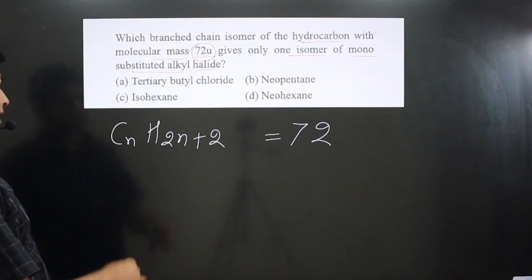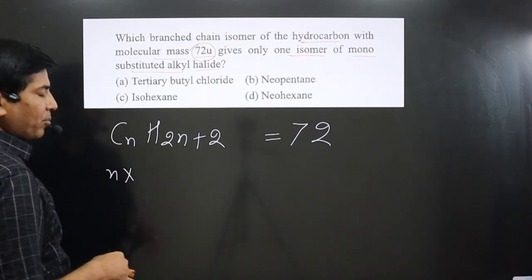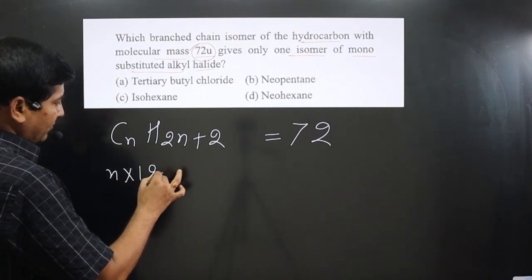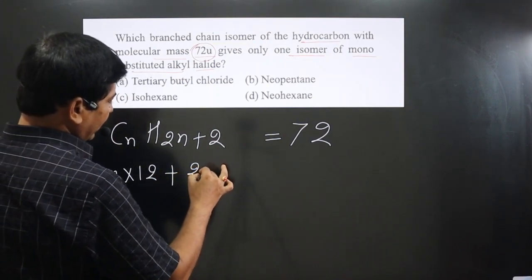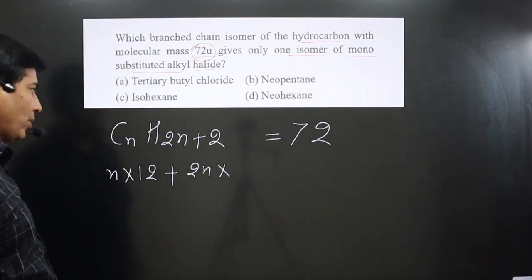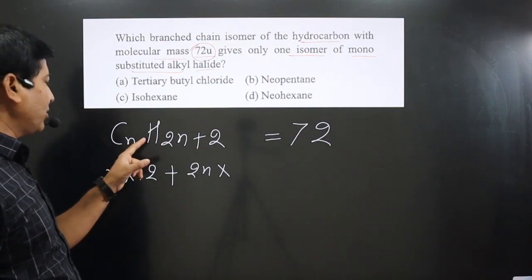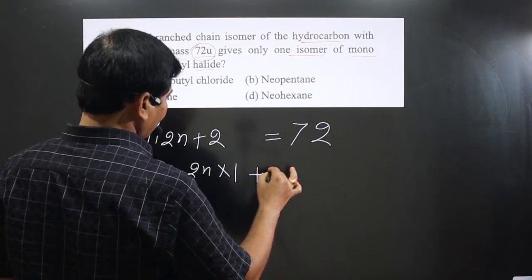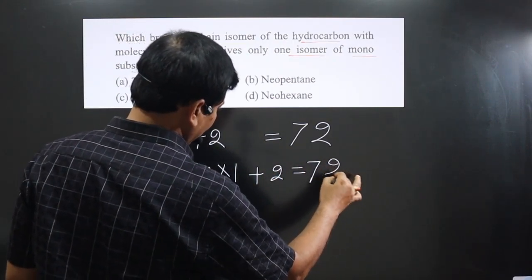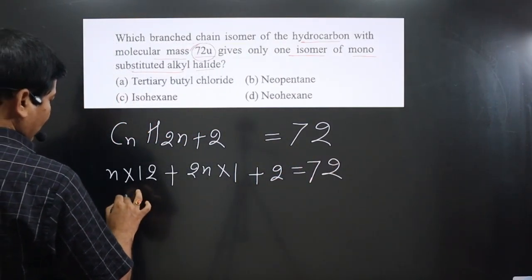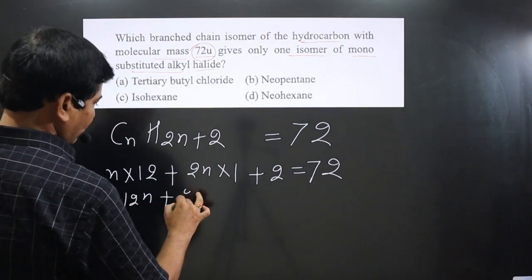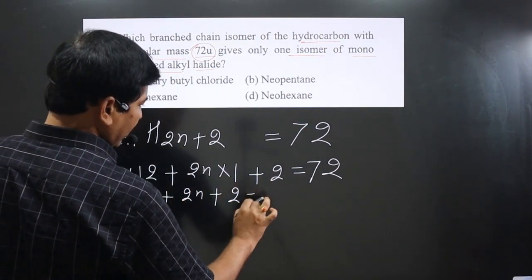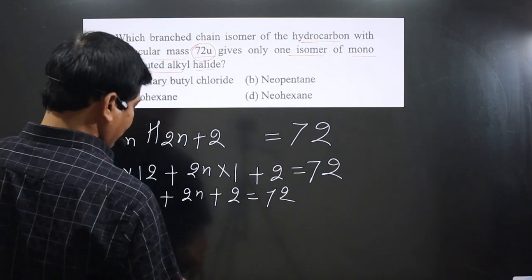We have n multiplied by the atomic weight of carbon, which is 12, plus (2n+2) multiplied by the atomic weight of hydrogen, which is 1, equal to 72. Simplify: 12n plus 2n plus 2 equals 72.